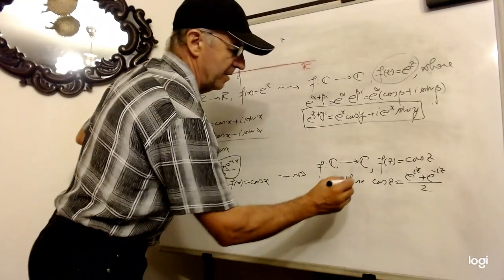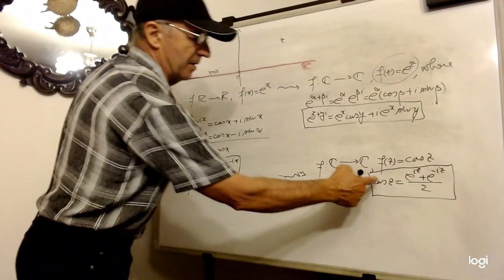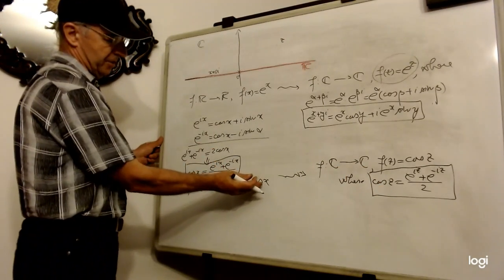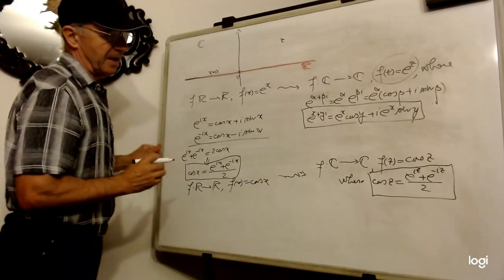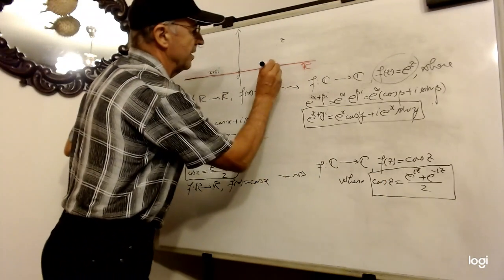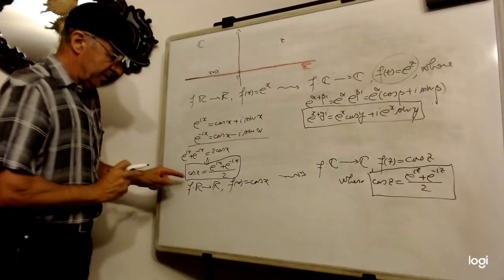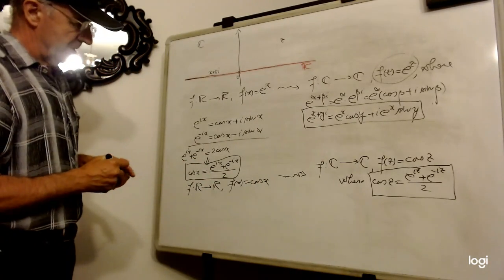This is the definition of cosine of z. This formula extends the usual cosine function outside the real axis. If z is on the real axis, this formula becomes the previous one, so you get the usual real cosine function.